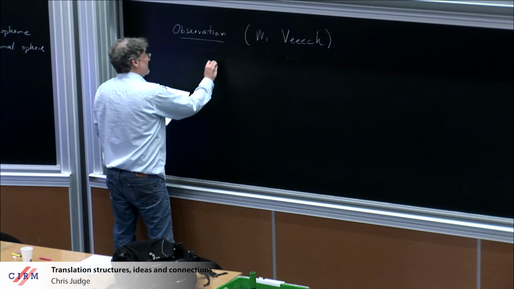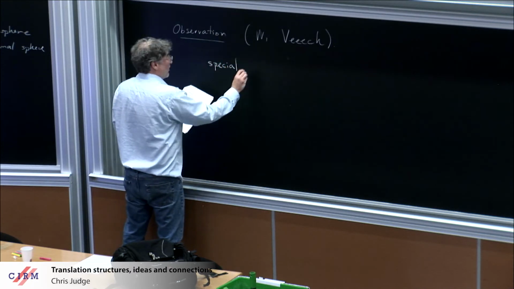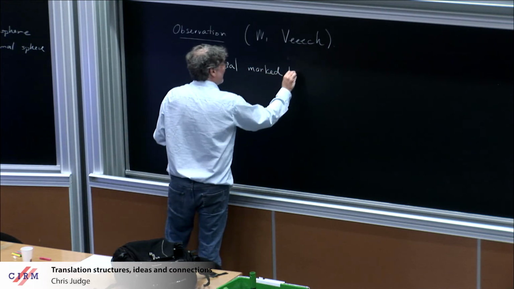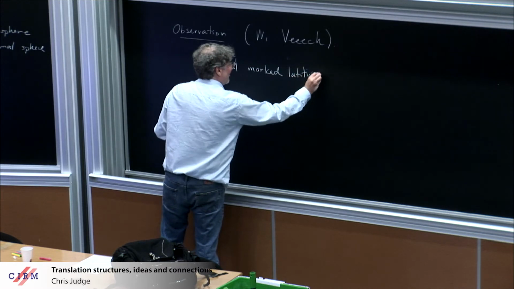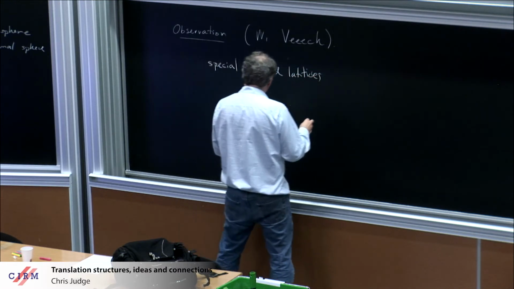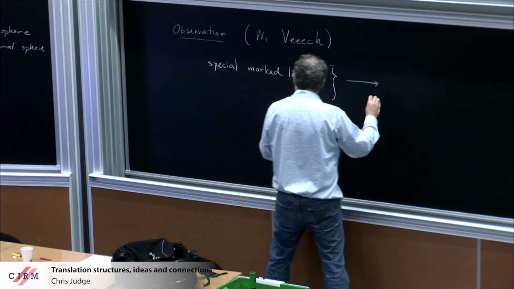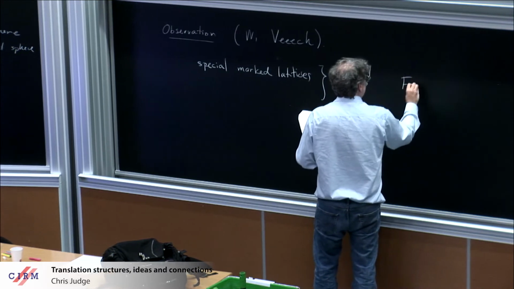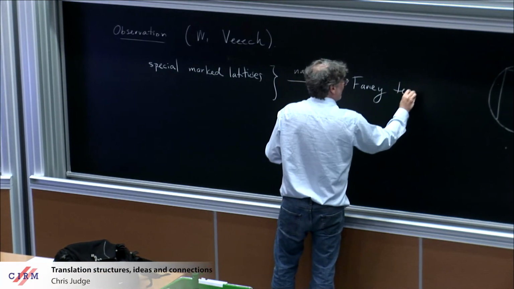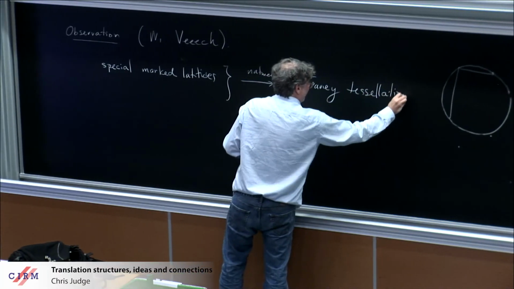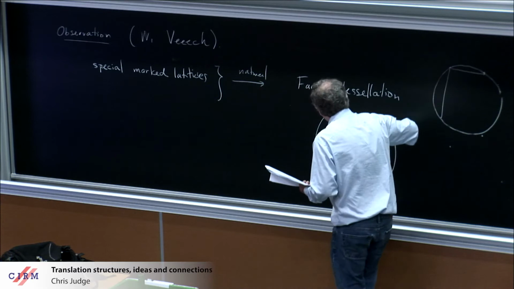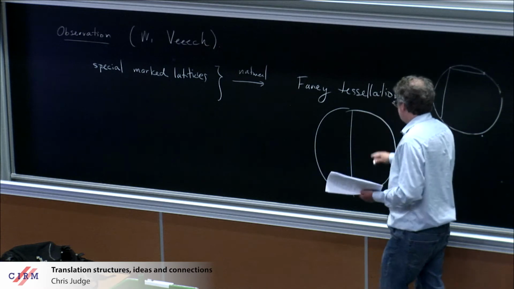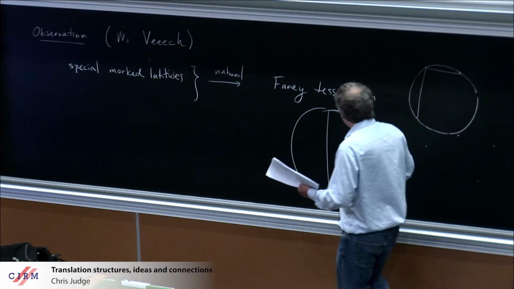So if you look at the set of special marked lattices, these things map nicely. There's a natural map to the Farey tessellation. The Farey tessellation of the hyperbolic plane is maybe the nicest one. It's basically the tessellation with 0 shear everywhere.